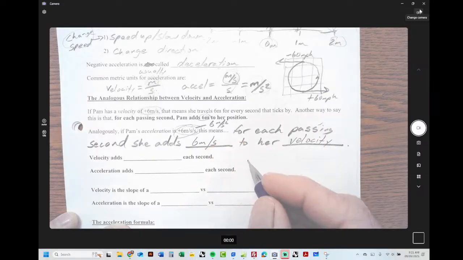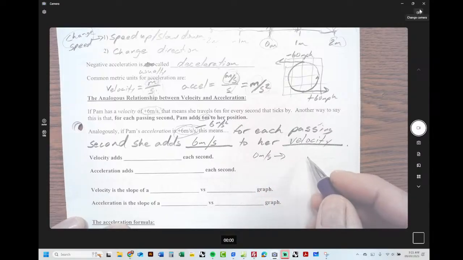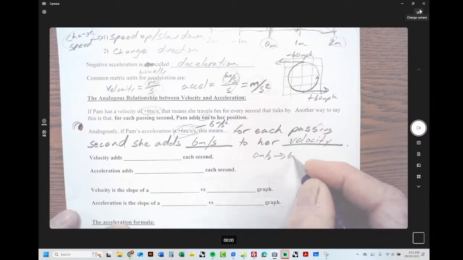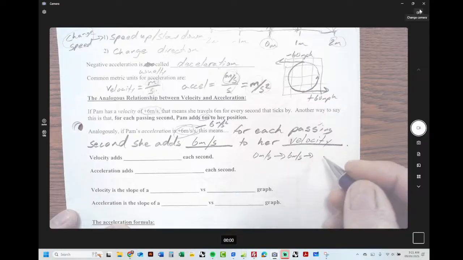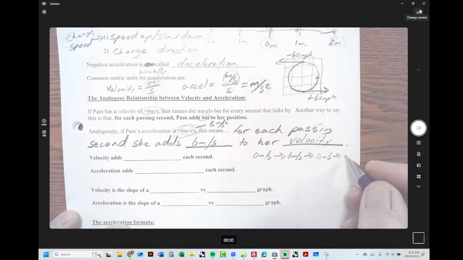So if she starts out at time 0, going 0 meters per second, how fast is she going after 1 second? 6 meters per second. And after 2 seconds? 12 meters per second. And after 3 seconds, she's going 18 meters per second.